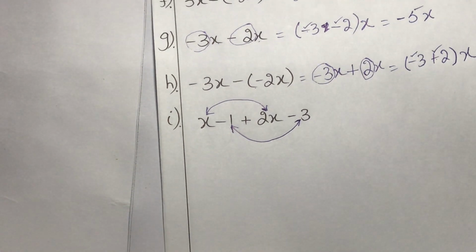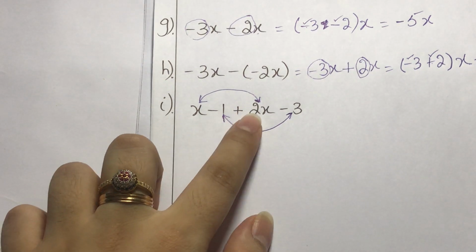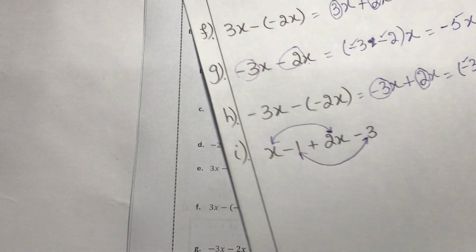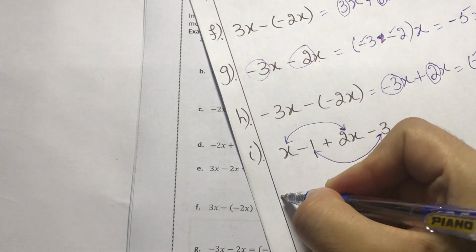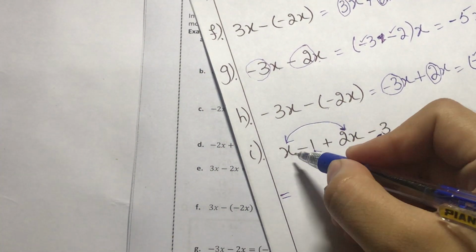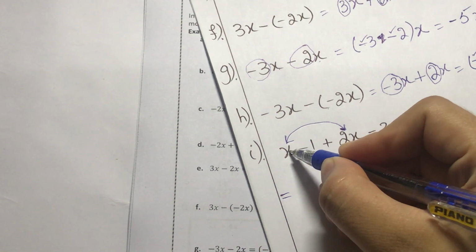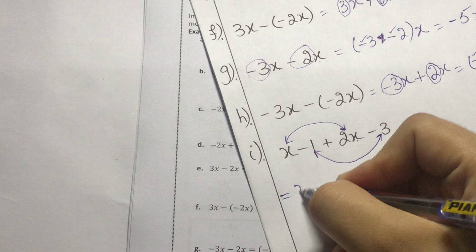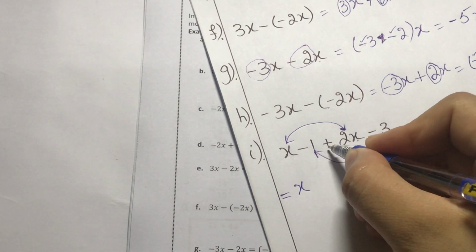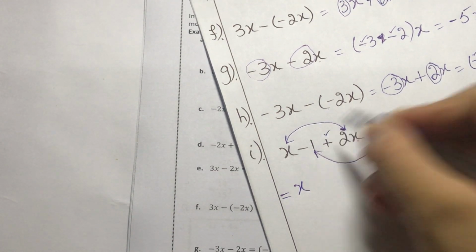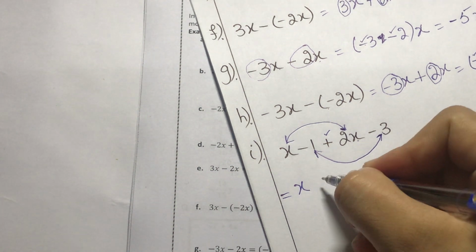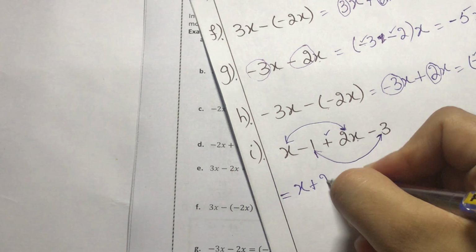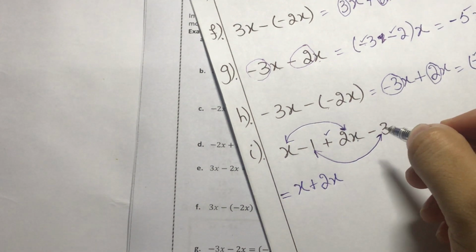Okay, now what we have to do? First we have identified our like terms. Now next what we will do? We will combine these like terms, and our first pair of like terms are x and 2x. We will write x as it is. As you can see, the sign of 2x is positive, so when we combine this 2x with this x, we will write its sign too.